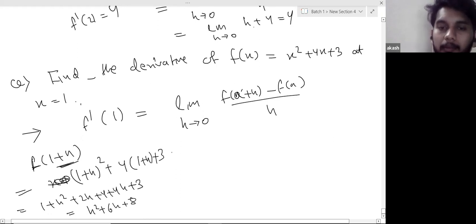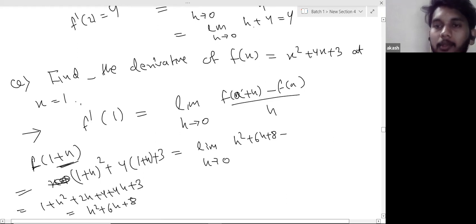All right. This we can put in here. f of a plus h is h square plus 6h plus 8 minus f of 1. f of 1 is very easy: 1 square, so 1 plus 4, 5 plus 3, 8. Whole divided by h. So 8 and 8 is cancelled.